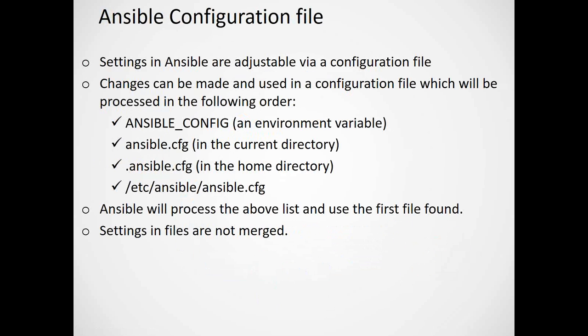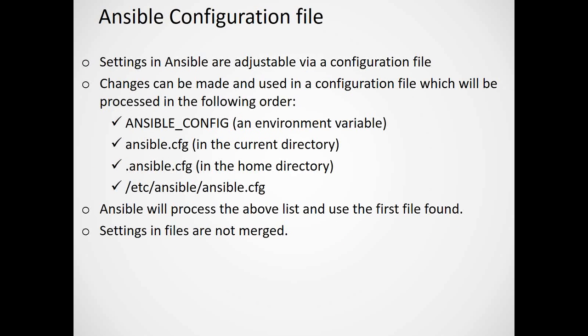So what is the order in which it will search? When you actually run Ansible, the first thing it will do is not go and search here. The first thing Ansible will do is check whether, on your machine, you have created an environment variable called ANSIBLE_CONFIG, in case you want to specify a different configuration file.